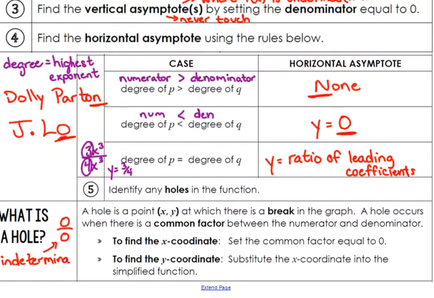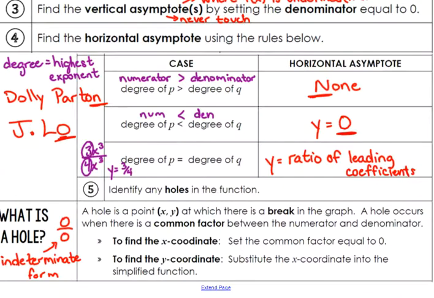It's worse than just dividing by 0. Dividing 0 by 0, we really don't know what happens mathematically. We don't really know what that means, to divide nothing and to split it up into no groups. So 0 over 0 is what we call an indeterminate form. So that's what's happening when you have a hole.